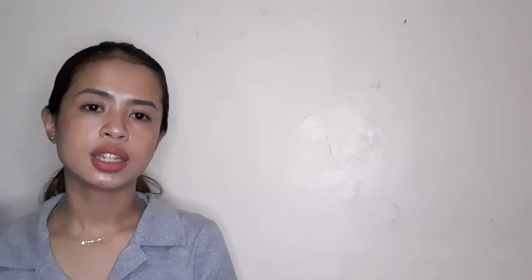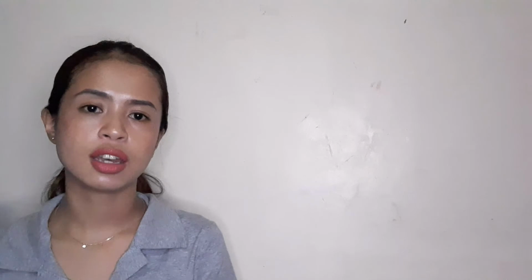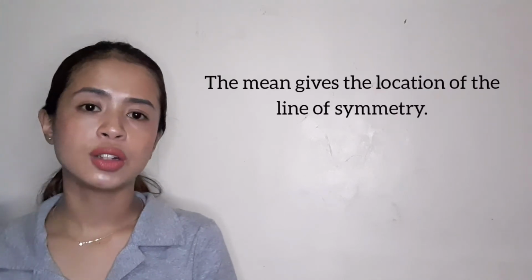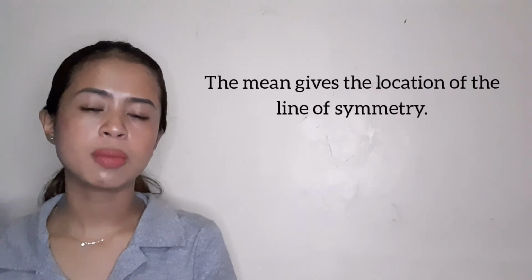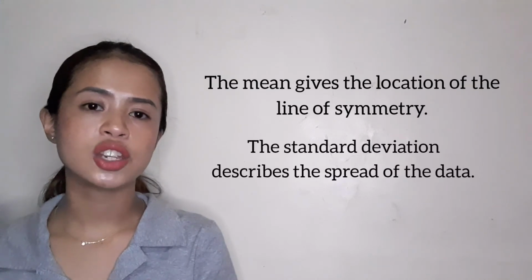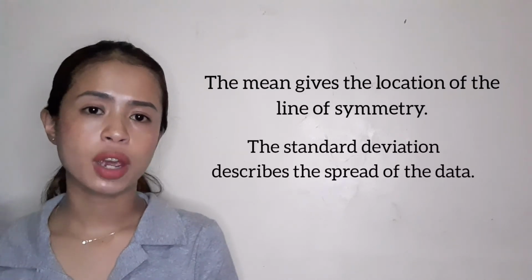In addition, a normal distribution can have any mean and any positive standard deviation. The mean gives the location of the line of symmetry, while the standard deviation describes the spread of the data.